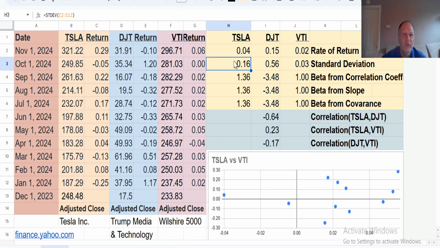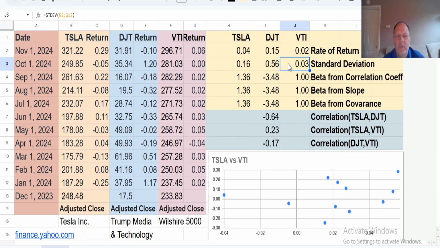Now, how do we calculate the standard deviation? Well, Excel has a simple function to do that, STDEV, and then you just put in the same data column you did for the rates of return in the example of Tesla C2 colon C12, and replace that with E's for DJT and with G's for VTI.